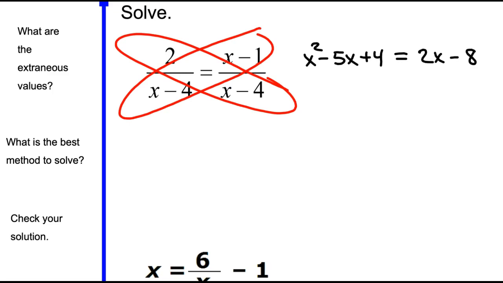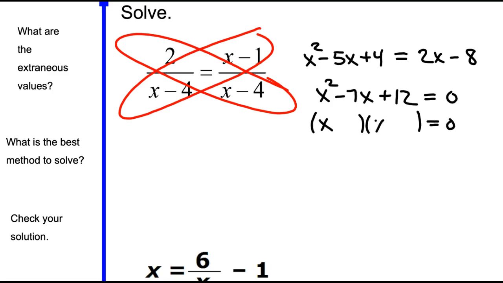Get all the stuff onto one side. You end up with x squared minus 7x plus 12 equals 0. Factor that up. You're going to get x minus 4 and x minus 3. And so then your two solutions are going to be 4 or positive 3.